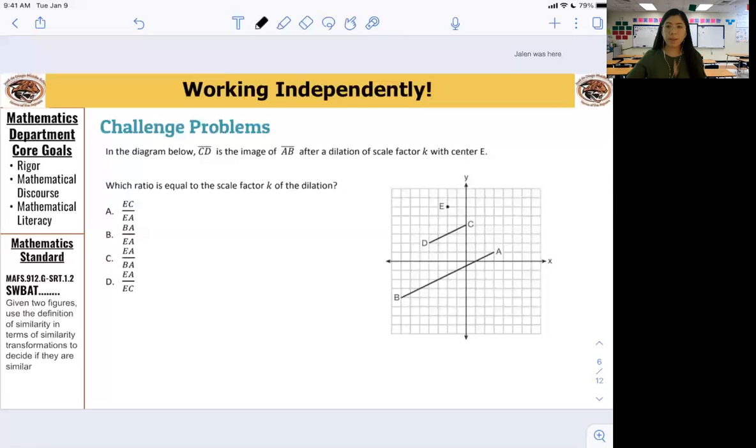Awesome. Okay. So this is where, again, we're kind of reviewing what the scale factor would be. So take a look at the options. We'll do a poll. Here we go.